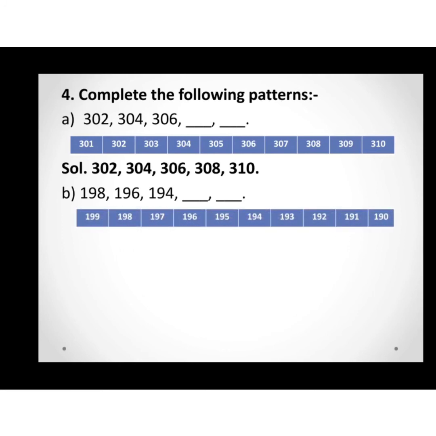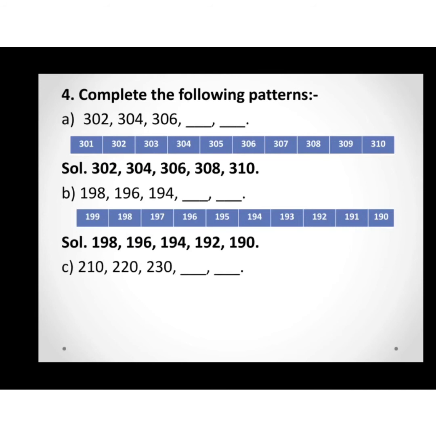If you jump 2 steps backward of 194, you will get 192. And then again jump 2 steps backward. You will get 190. So our answer is 198, 196, 194, 192 and 190.